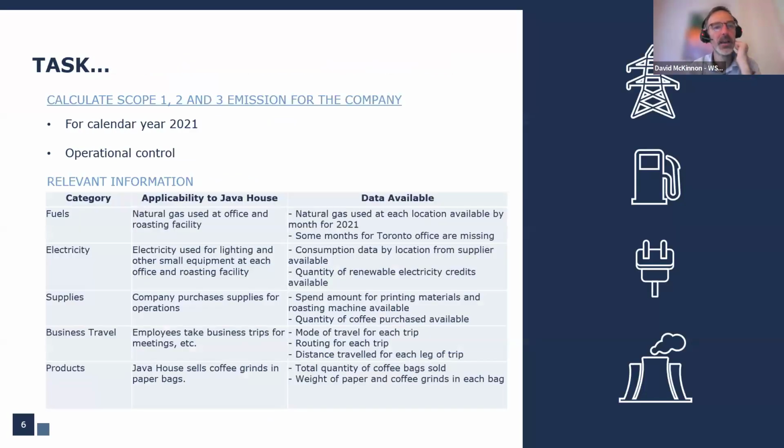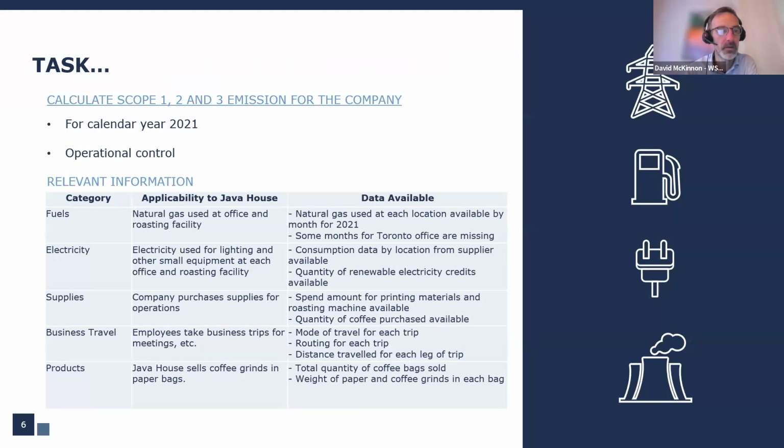And the task is to calculate scope 1, 2, and 3 emissions for the company for the calendar year that's given. We'll be looking at operational control, and in the Excel files that hopefully you all have open on your desktop, there's a lot of information that you can use to do this calculation.